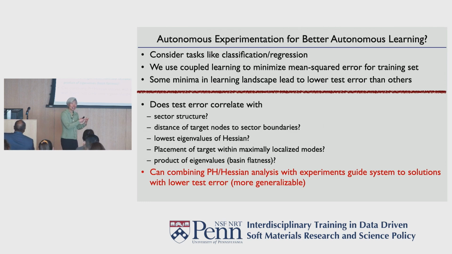If we're doing something like classification, these are all things that people are worrying about in artificial neural networks. We can think about the same things in these networks, how to get more generalizable solutions. And this is where I think automatic AI experimentation will be extremely helpful to explore that parameter space.